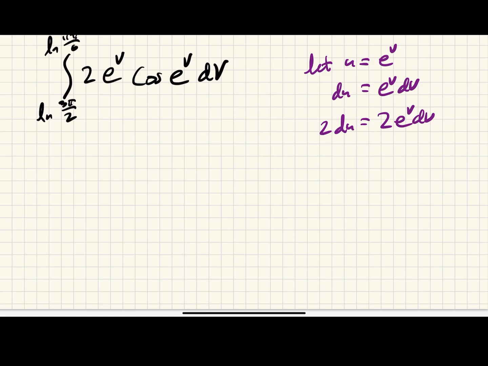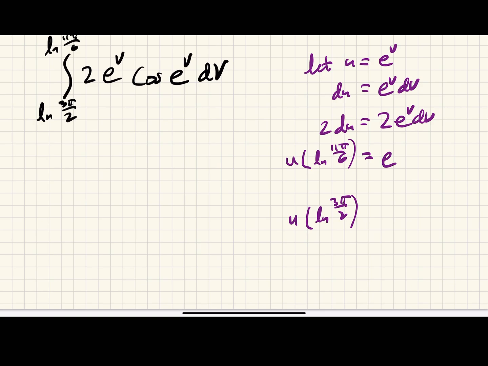So let's find u of the natural log of 11 pi over 6 and u of the natural log of 3 pi over 2. In other words, what's the value of u when v has those values? Well, we've let u be e to the v, right?